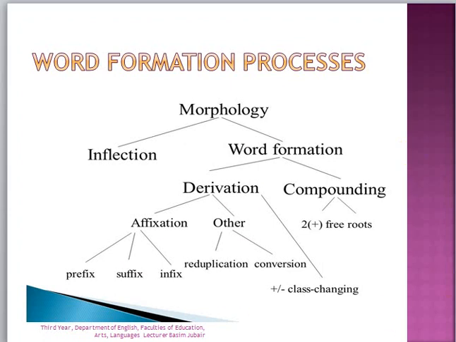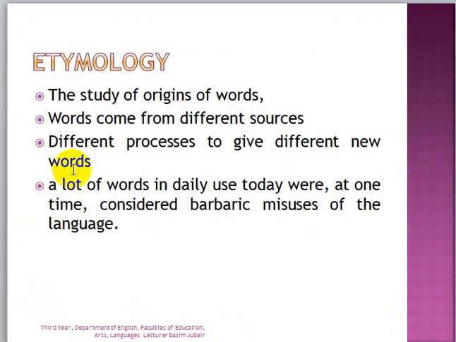Now, before starting with the processes, let's talk about etymology. What does etymology mean? Etymology is the study of the origins of words. Etymology is a sub-discipline in linguistics, or an interdisciplinary field related to linguistics, which studies the origins of words, the sources from where words came.